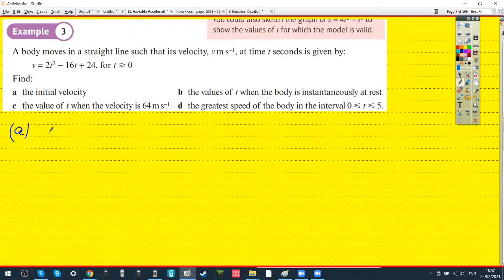I'm assuming I need to make V equals to 0. No, the velocity was 0. We want the velocity. Oh, sorry, T is 0. Yeah, T is 0. When T is 0, what is V? 24. Yep. How about B?